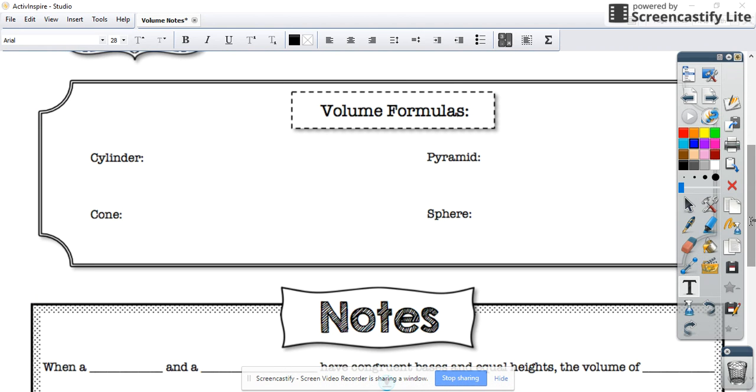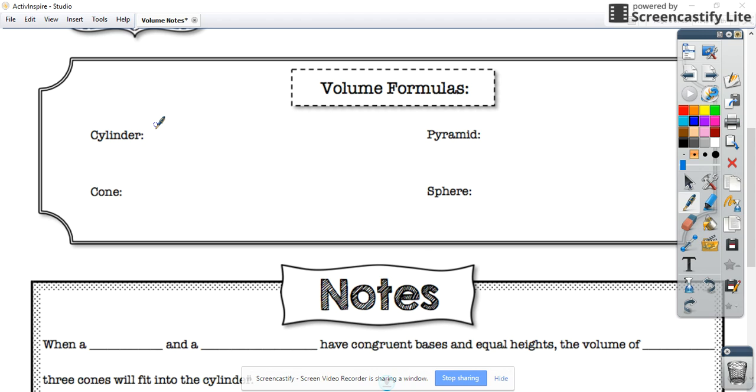Okay, so here are some formulas, and these are all formulas that you're going to need, and if there were a test or a quiz, I would give you these formulas. For a cylinder, if you want to find the volume of a cylinder, you're doing pi times r squared times h.